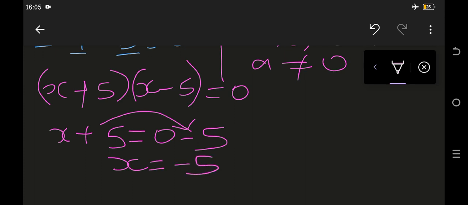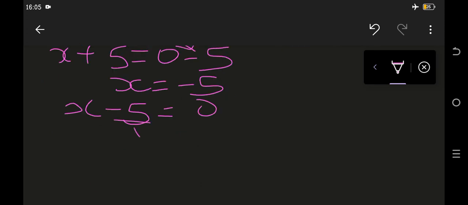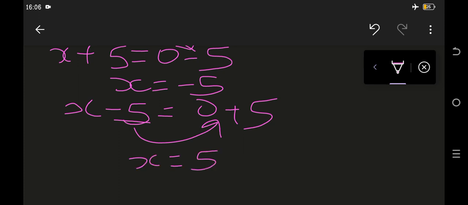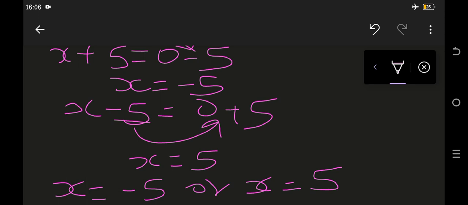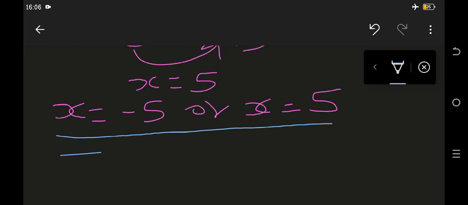Then you have x minus 5 is equal to 0. Negative 5 will cross over to become positive 5, so that you have your second value for x being 5. Therefore, the solutions for x are x is equal to negative 5 or x is equal to 5. These are the solutions for our first quadratic equation.